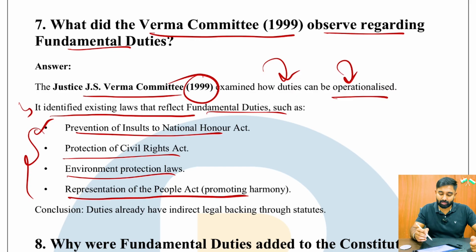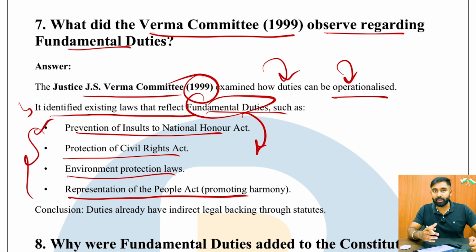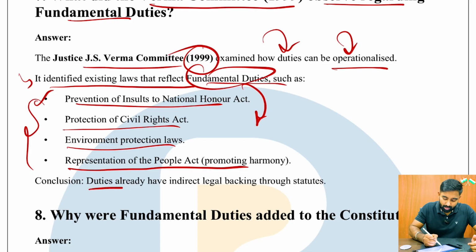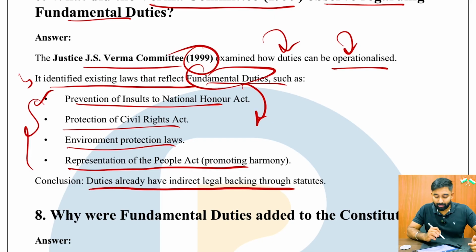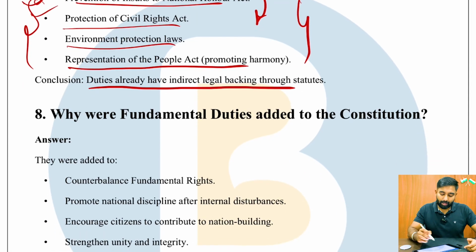So basically, all of these laws which were enacted pretty much reflect how fundamental duties are incorporated into Indian law. So, conclusion: duties already have indirect legal backing through statutes, right? All of these are some of the important examples.